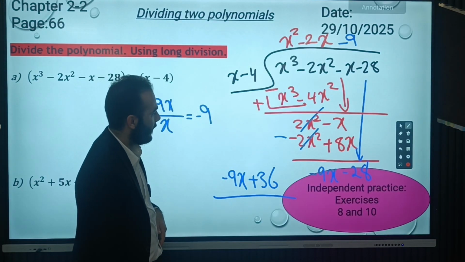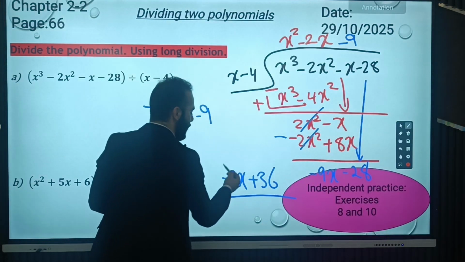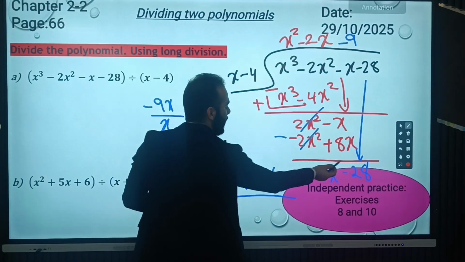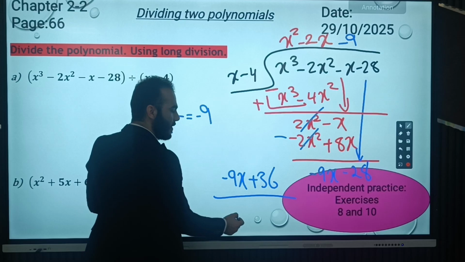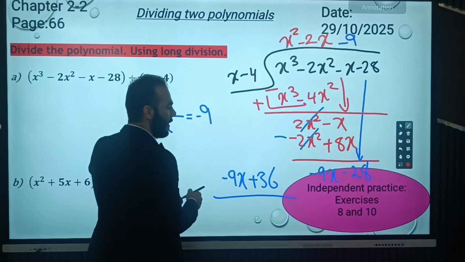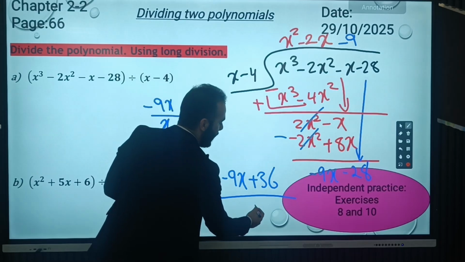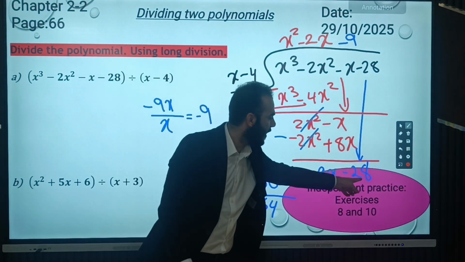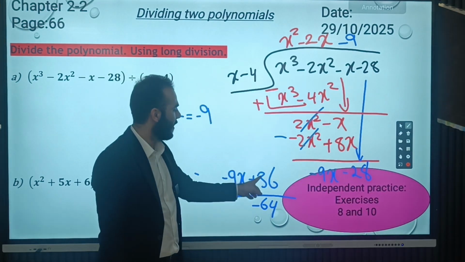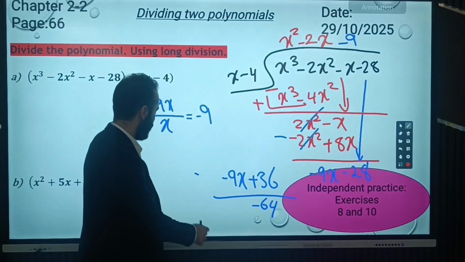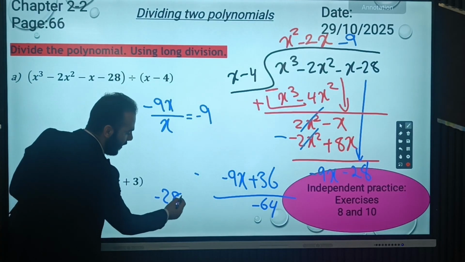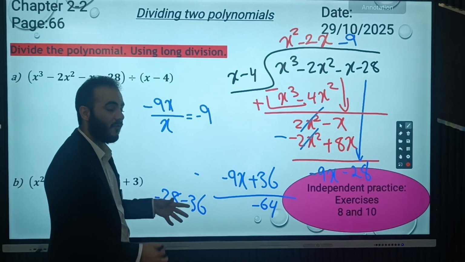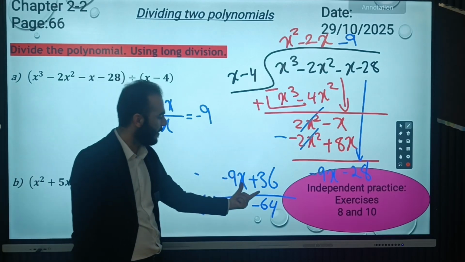So negative 9x minus 9x, they will cancel each other, 0. Negative 28 minus 36: 20 and 30, 50, 6 and 8, 14, 14 and 50, negative 64.